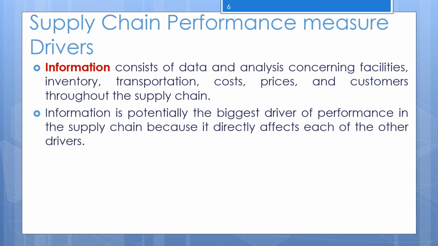Then if you look at the information related metrics which influence the supply chain performance, here we have something called forecast horizon, which identifies how far in advance of an actual event a forecast is made. Then we have forecast error, which measures the difference between forecast and actual demand.